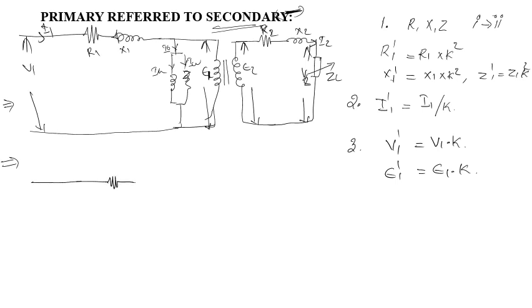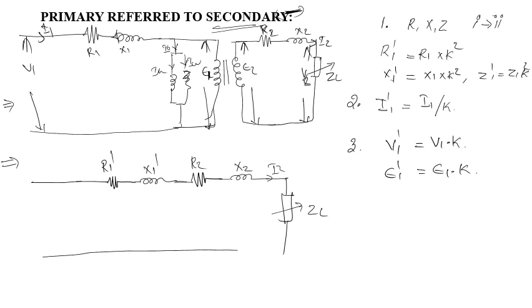And this is X1 dash, and the secondary winding resistance R2, X2, and the load impedance ZL will be here. Okay.